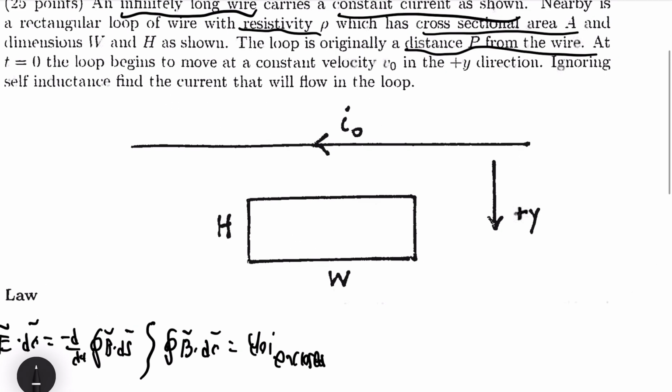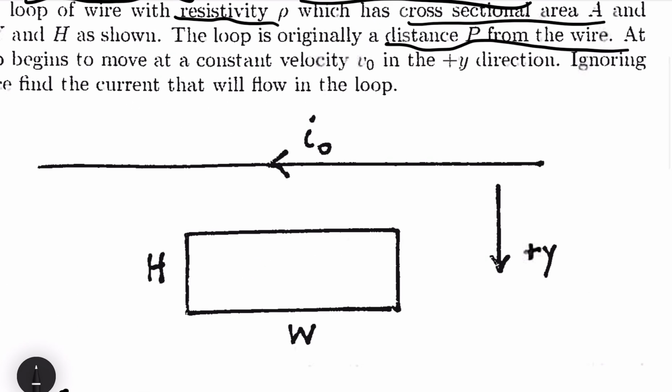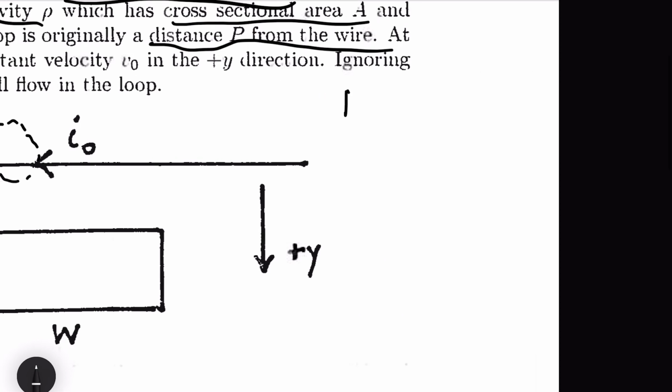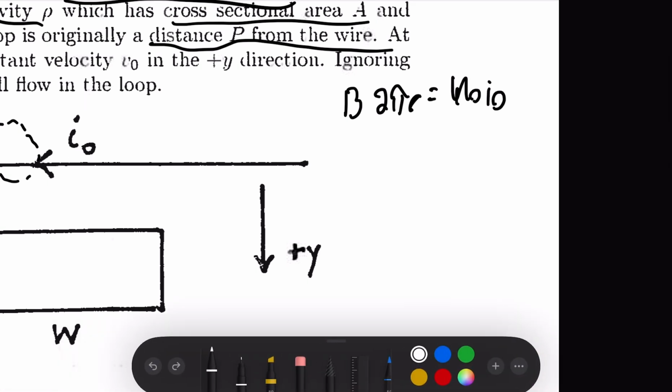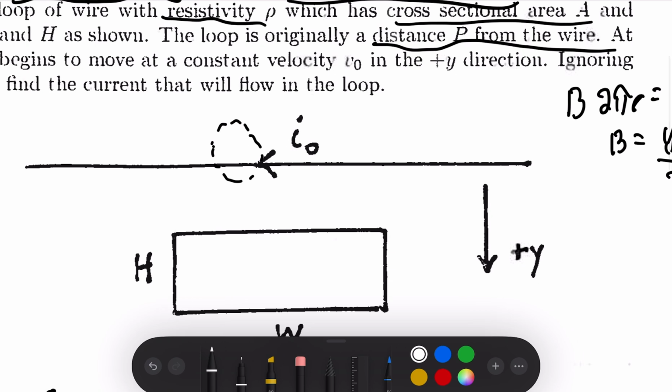So let me start with the wire, because that'll be pretty easy. So I'm going to create my loop like this, right? So that's going to be B 2 pi r is equal to mu naught I naught, because the current of the wire is I naught, right? So then B is mu naught I naught over 2 pi r. And we have to determine if it's into the page or out of the page.